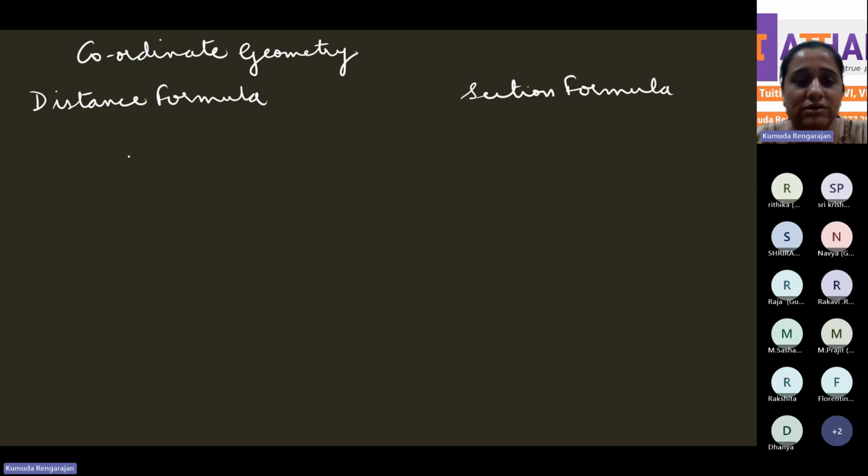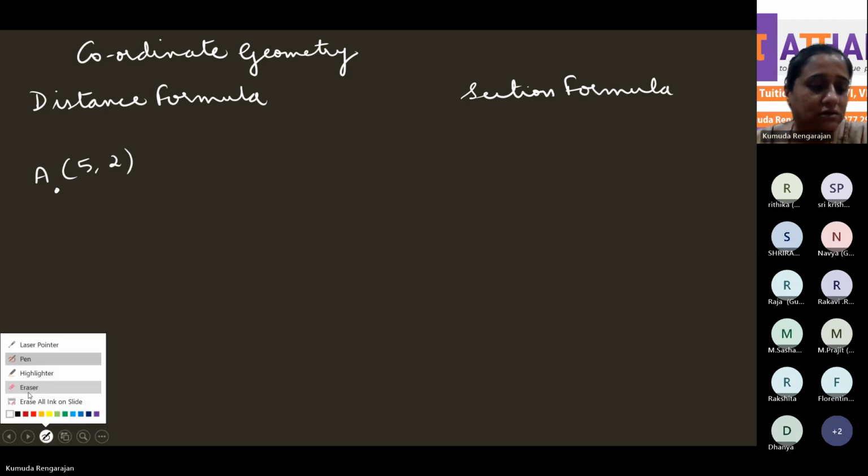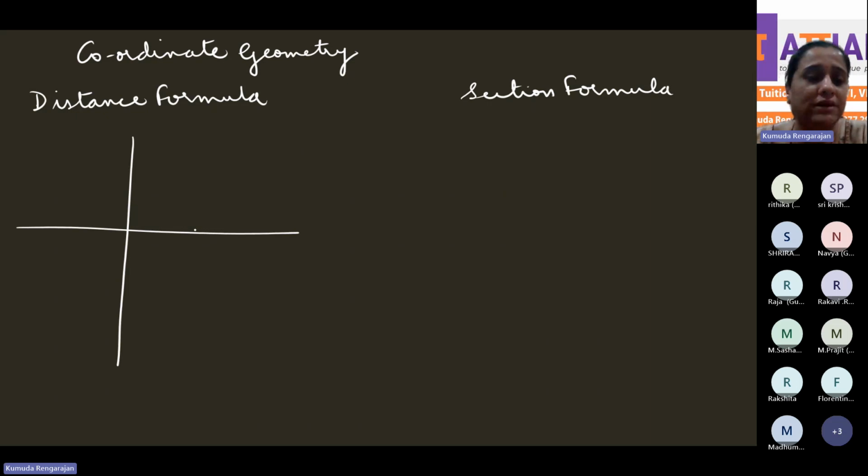Now, when do we use a distance formula? As the name suggests, distance formula is used to find the distance between 2 points. So in the Cartesian plane, let me show the quadrants. Say you have a point A given by the address (-3, 5), and you have a point B given by the address (7, -2).